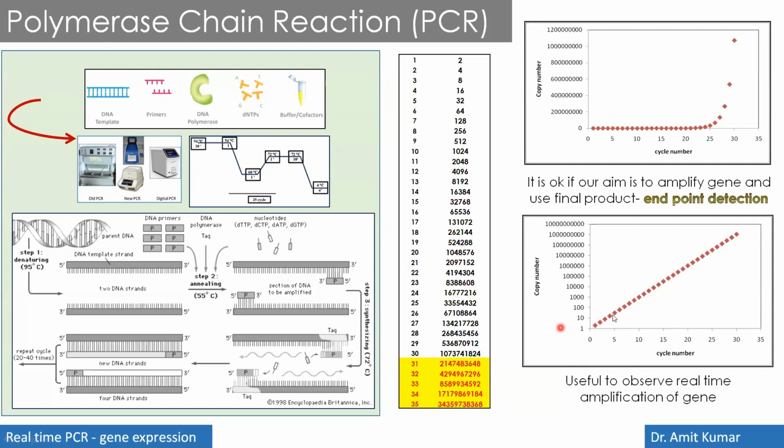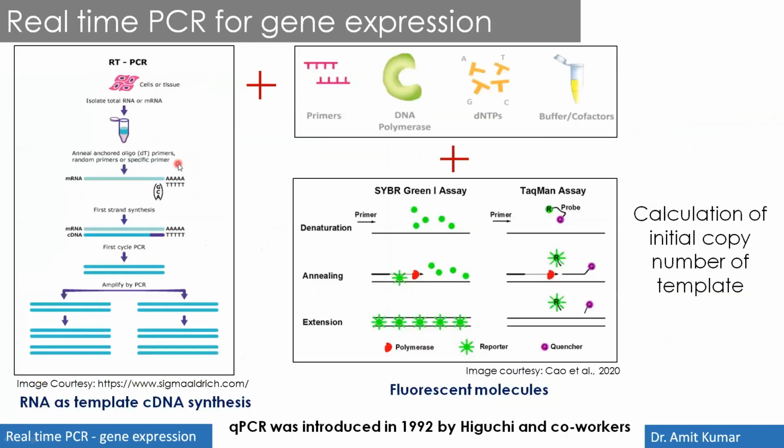In this particular presentation, I will not go into detail about what PCR is, and I will directly go to the differences between real-time and conventional PCR. Basically you have two differences. One is that for gene expression, you use RNA as a template.